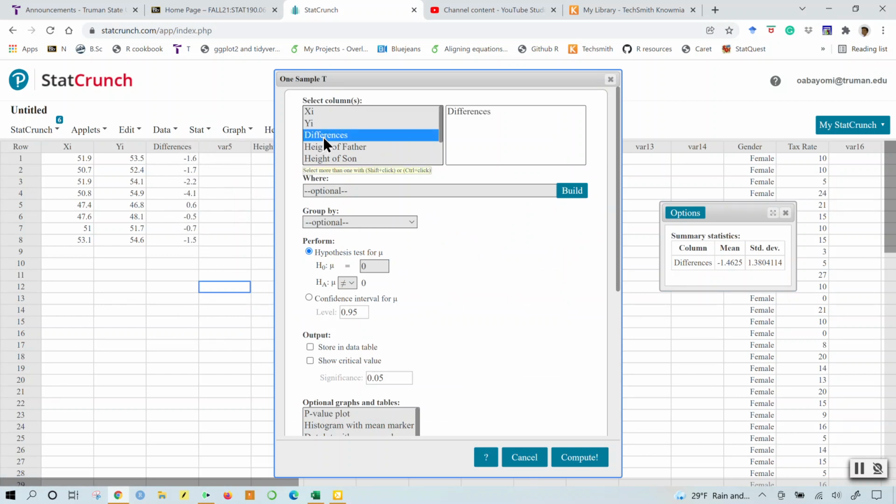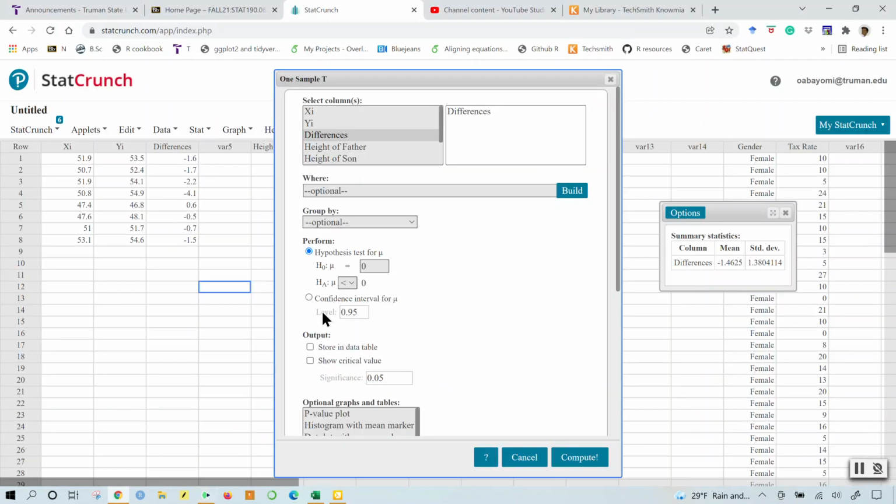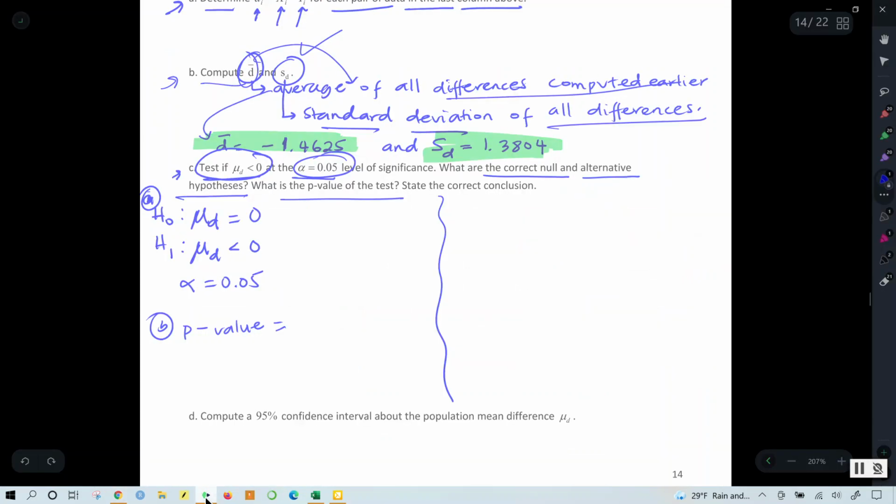So choose differences, and then what do we want to indicate? The null hypothesis is 0. The alternative is less than 0, according to the setup of our problem here. Then alpha is 0.05. So I am going to do show critical value, and make sure this is 0.05, and compute. Once you compute that, you have your p-value here, which is 0.01. So my p-value here is 0.01.